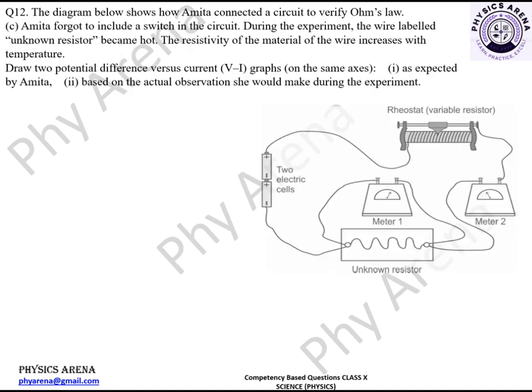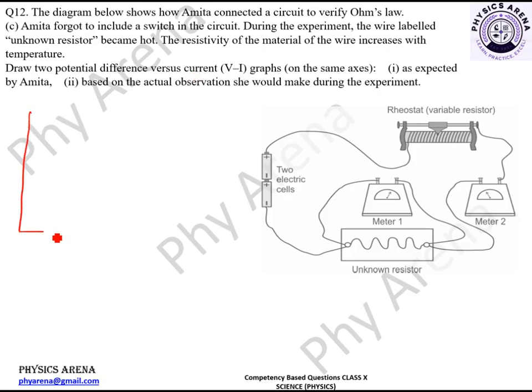Let's take part C. Amita forgot to include a switch in the circuit. During the experiment, the wire labeled unknown resistor became hot. The resistivity of the material of the wire increases with temperature. So this is given to us. We need to draw the potential difference versus current graph.